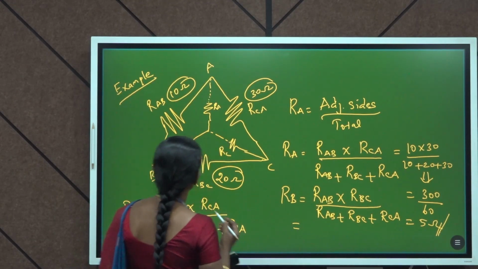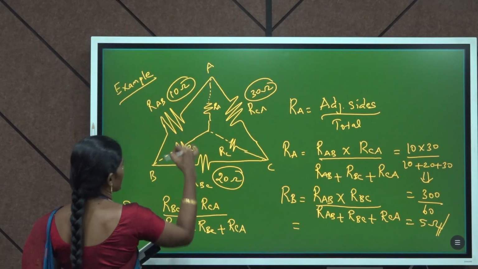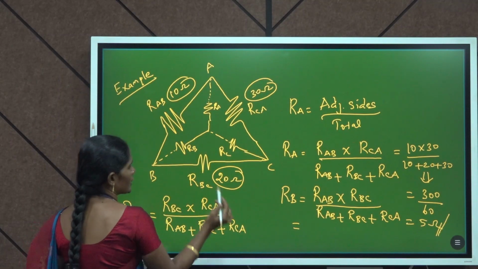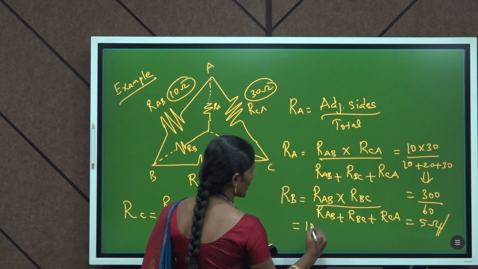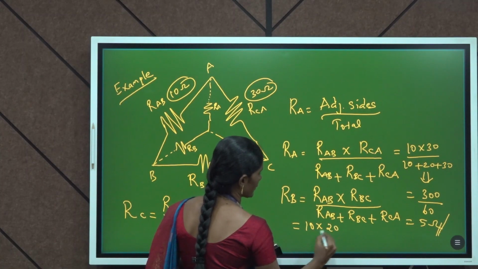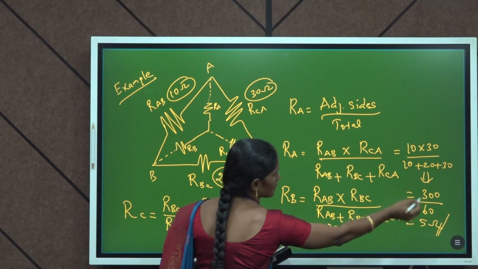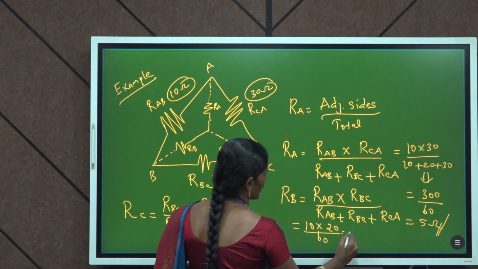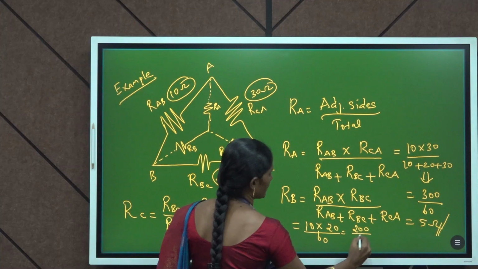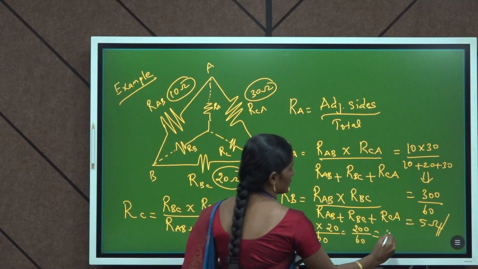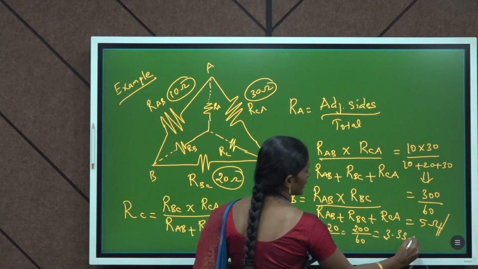For RB, the adjacent sides are 10 ohm as well as 20 ohm. So, 10 multiplied by 20 divided by the same total value, 60. So, 200 divided by 60 will result in 3.33 ohm.